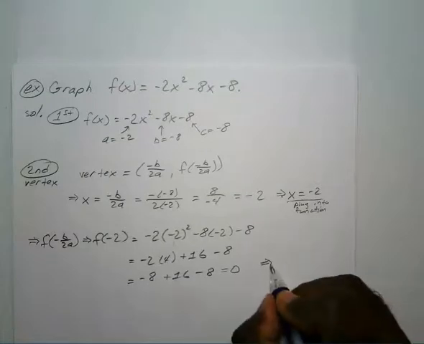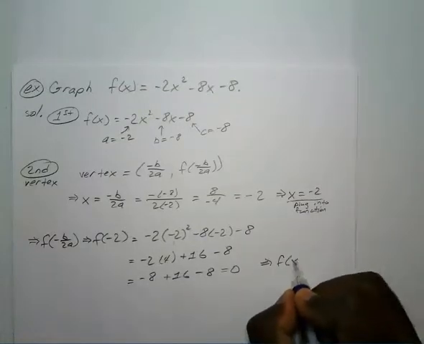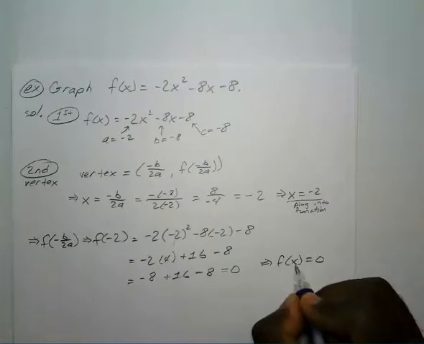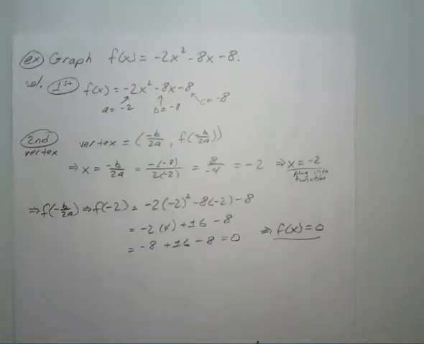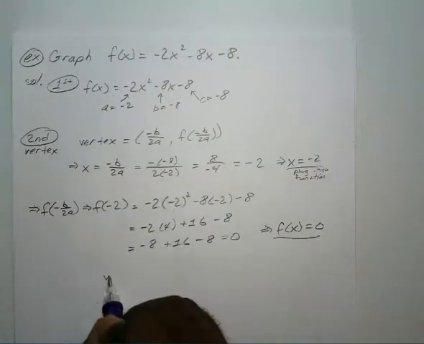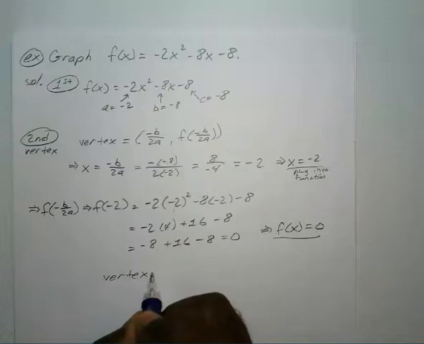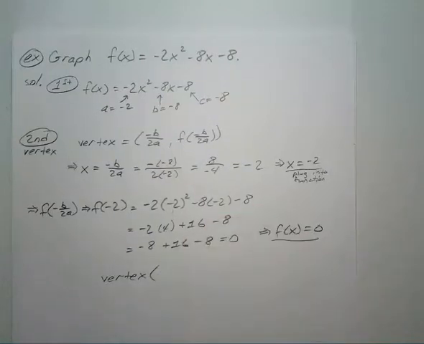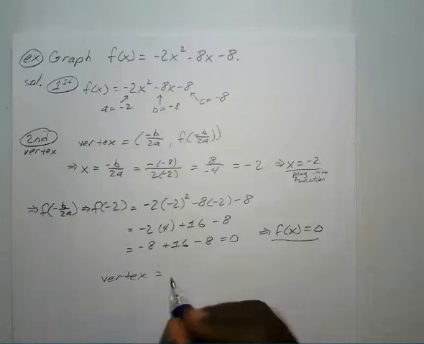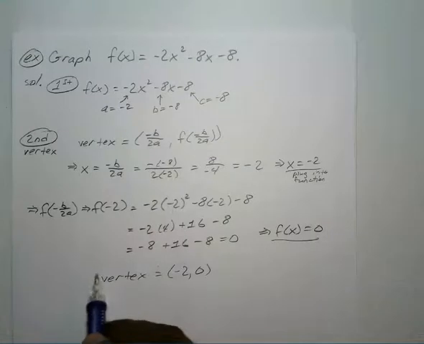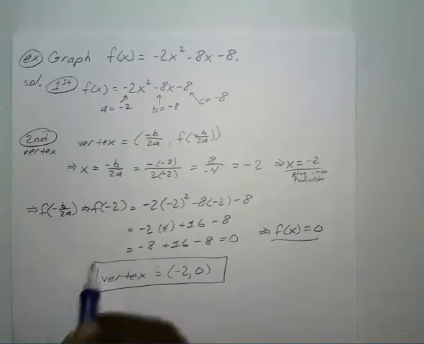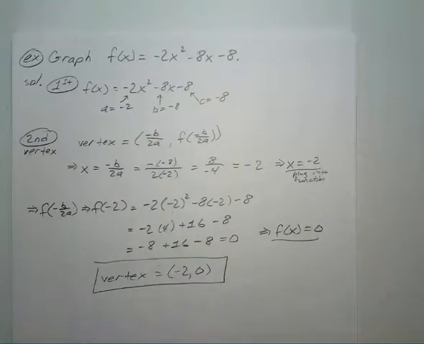So that lets us know that f of x is equal to 0 for our vertex. We know that our vertex, I forgot my equal sign there, is equal to negative 2, 0. So we know what our vertex is.